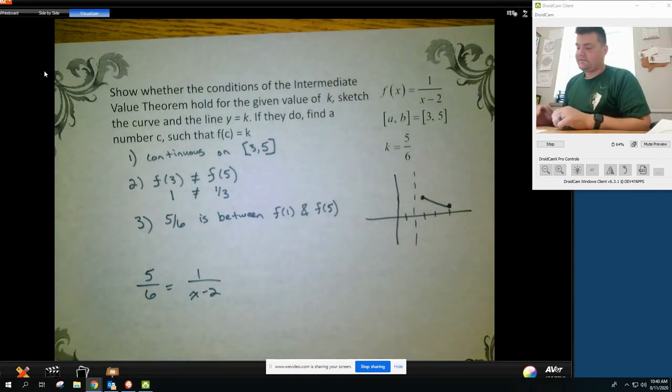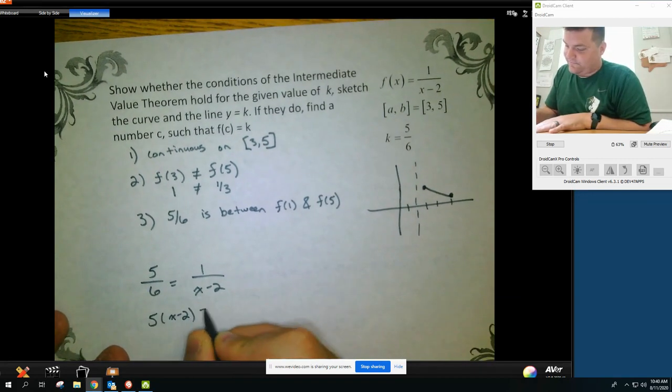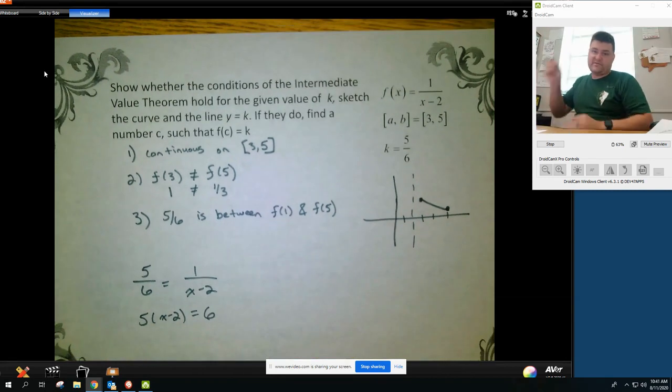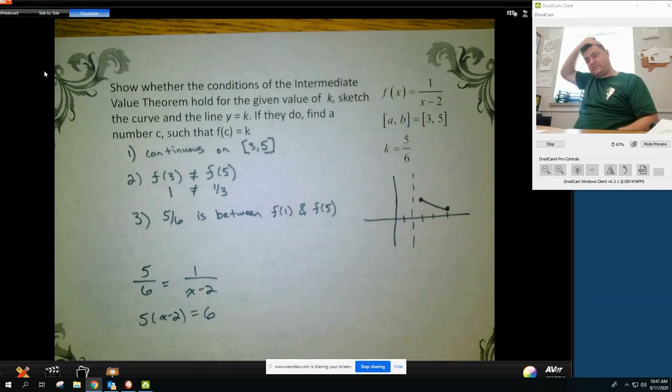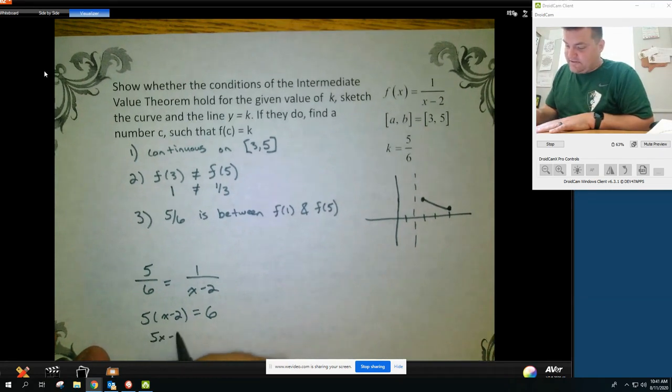And then you're going to find the x value. If you want to try this on your own and pause the video, be my guest. If it went too fast, hit pause. So you get 5x minus 10 equals 6, 5x equals 16, x equals 16/5.